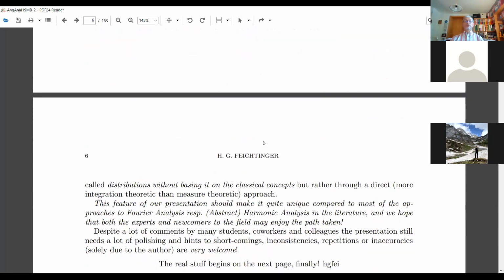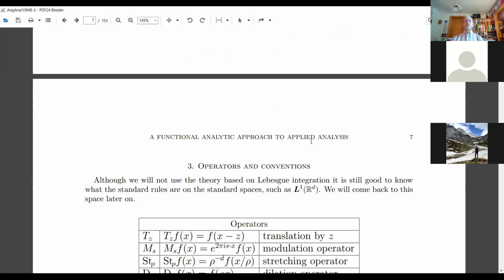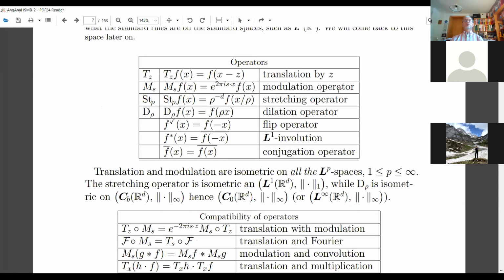Now, I'm going on. I don't go through all these symbols, but maybe mention that during the very first month or so, you will learn all these operators. So we have seen the translation operator and the modulation operator, which is also called a frequency shift.